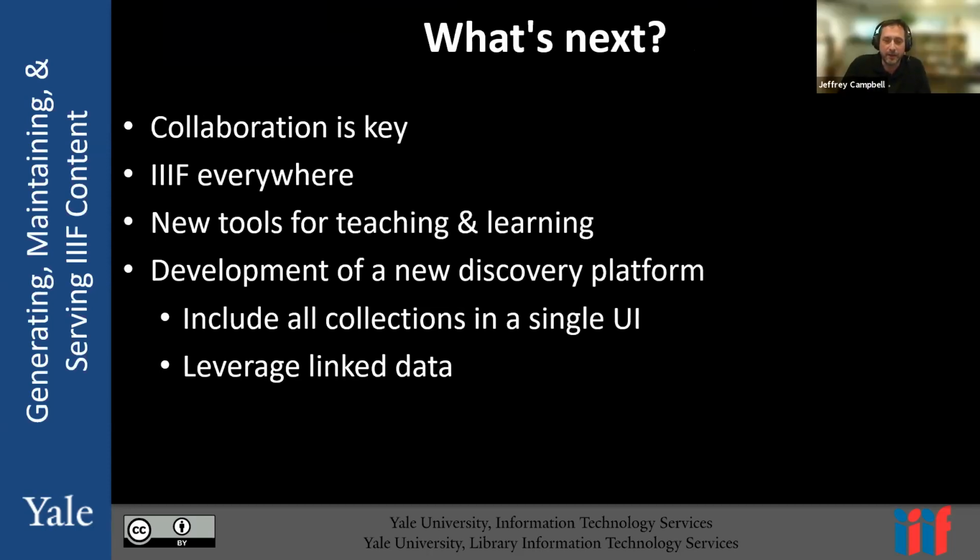So the highlight of what's been taking place at Yale is the collaboration. One bit of collaboration begets another and leads to bigger and better things. All of the museum catalogs are moving to the IIIF service. IIIF Everywhere enables the conversation around new tools for teaching and learning with Yale's collections. What started years ago as a way to best address common DAM needs and a search portal led to the adoption of IIIF.